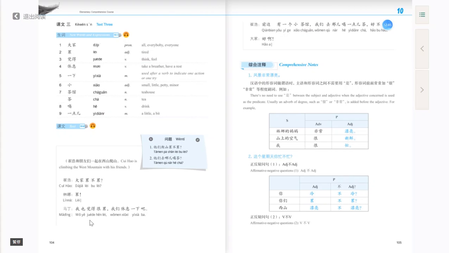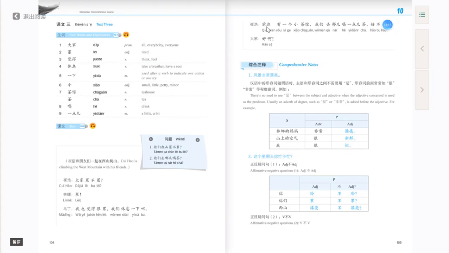This is ba when you're giving advice or a suggestion, and you can use this ba to make it a very mild tone. 我们休息一下吧, how about we take a rest a little bit? Okay, so this 一下 means this rest won't last too long, just one try. Let's take a rest a little bit, won't be too long.